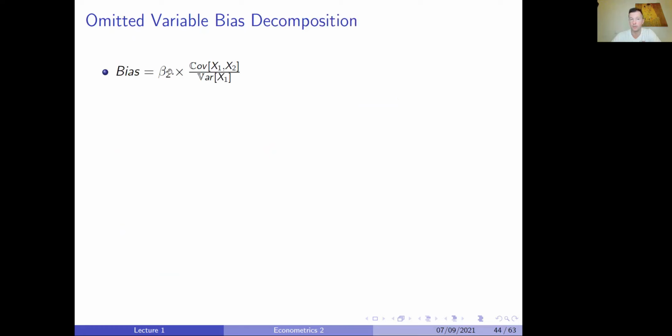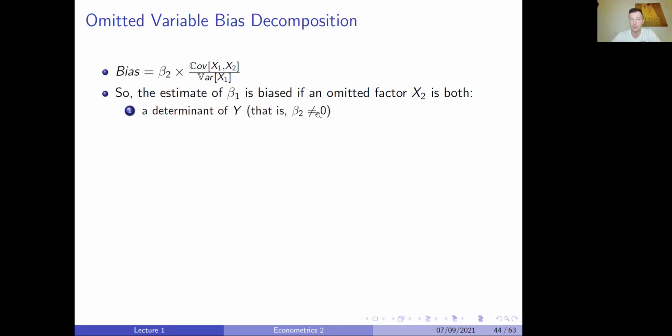So this is a product of beta 2, and beta 2 is the coefficient of how x2 affects y. So if beta 2 is not 0 and x2 is a determinant of y, then we have this term here.